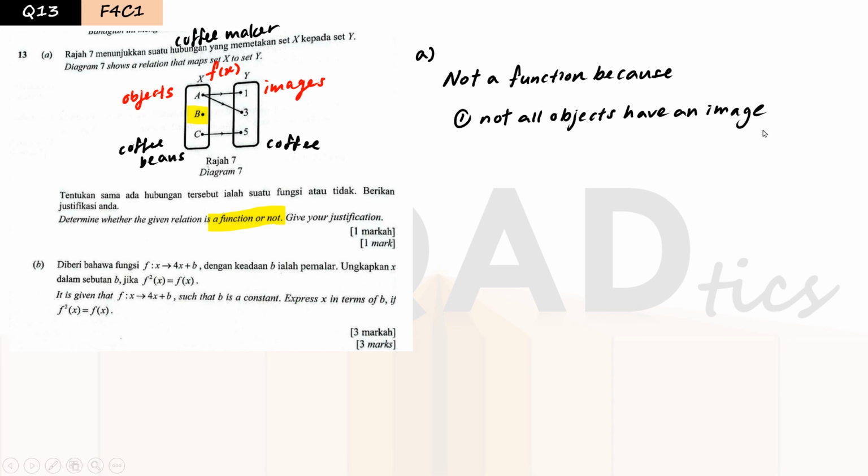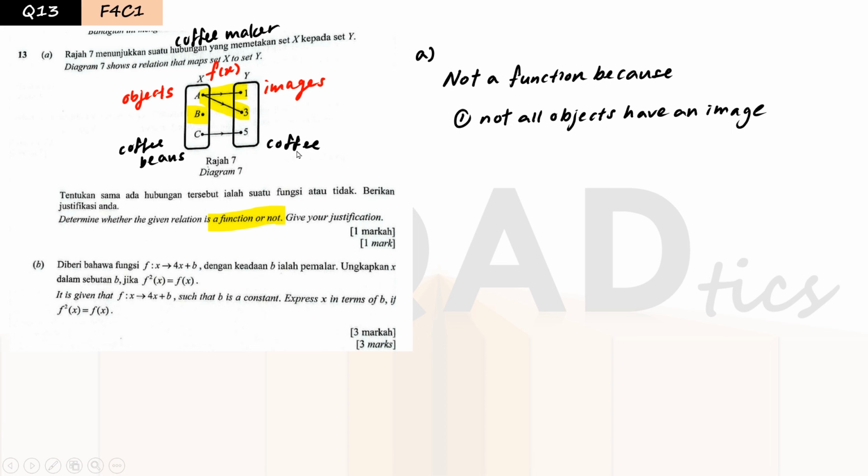The second reason is we can look at object A. As you see, object A is attached to two images. Does it make sense for a function? Let's put object A into the coffee bean scenario. Coffee bean A, I put into the maker, will produce two types of coffee because it's attached to two values.